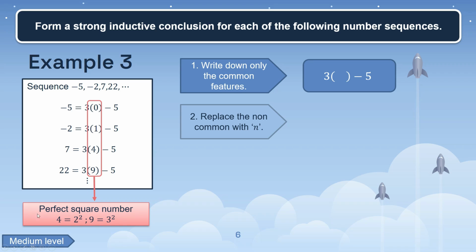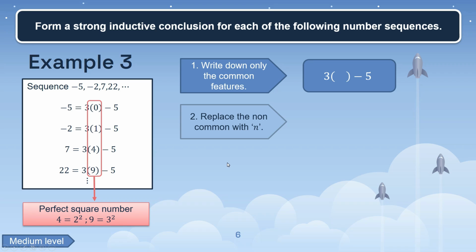Okay, like this. It is in the perfect square number. The common feature from this, the red box one, is the square power of 2. Okay, the common is power of 2. The only difference is 1, 2, 3, 4.